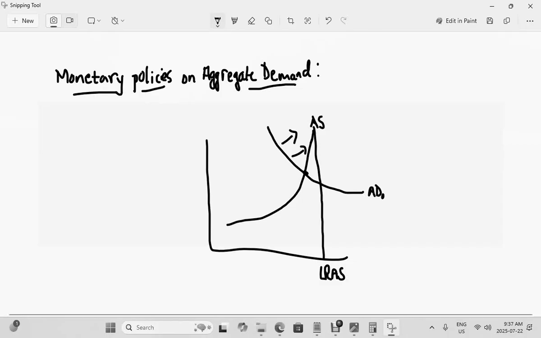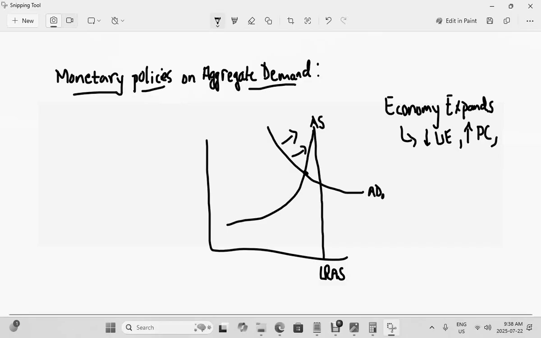Now when the aggregate demand curve shifts to the right, we're basically expanding the economy. So the economy expands, and as the economy expands, you have low unemployment and increased consumer spending, so personal consumption, as well as capital spending.